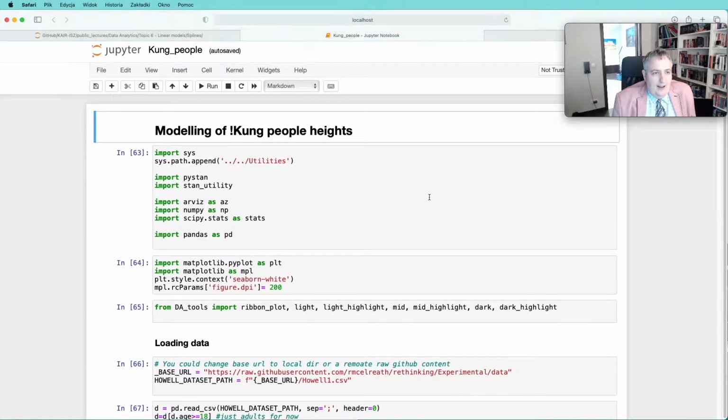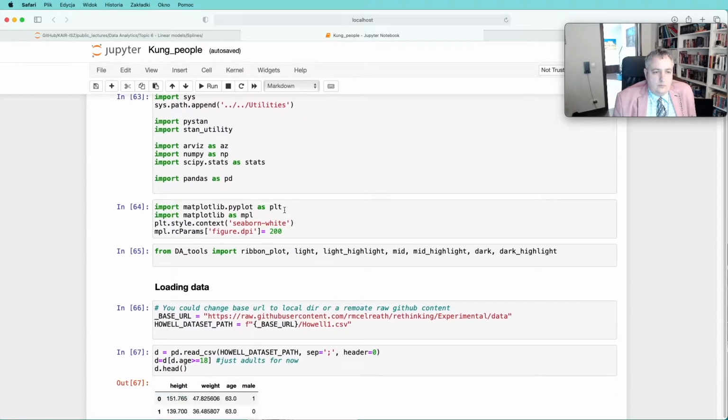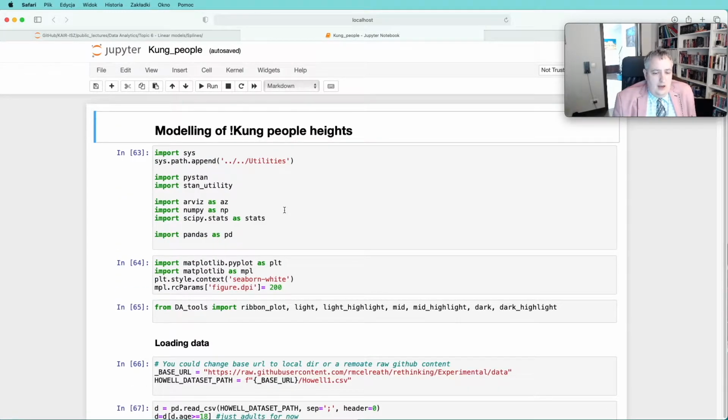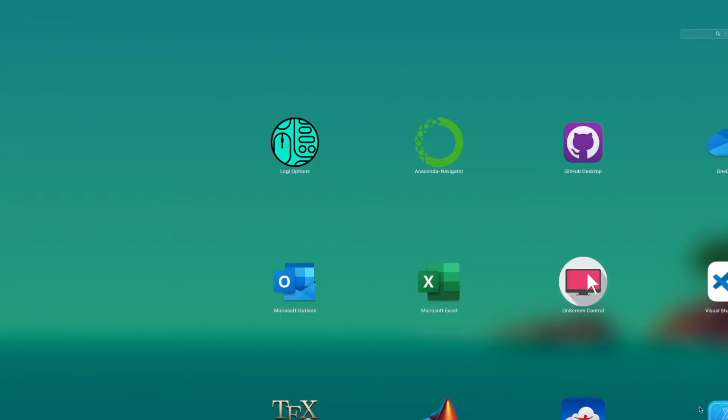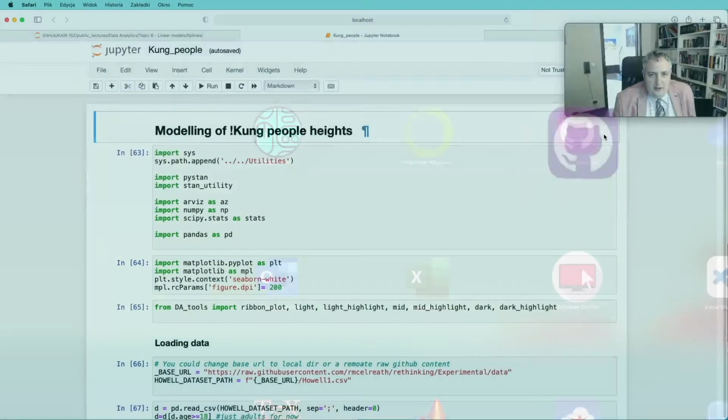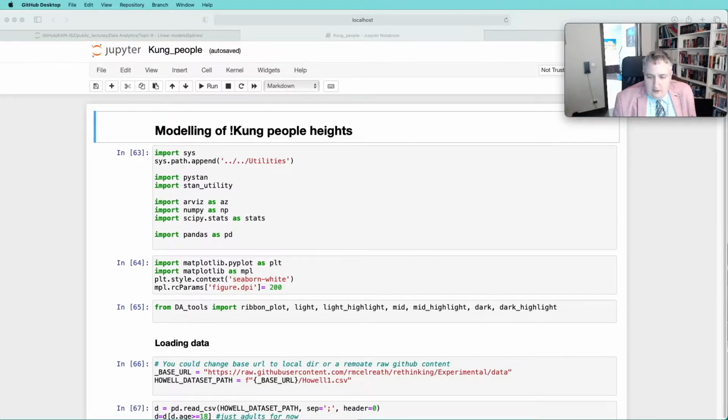Okay, so we move to Jupyter. I have not pulled from the repository. Wait a second, because this is my bad, I have the old code from the repository. My bad, sorry.